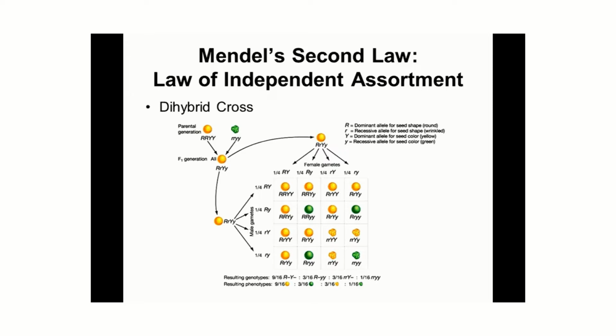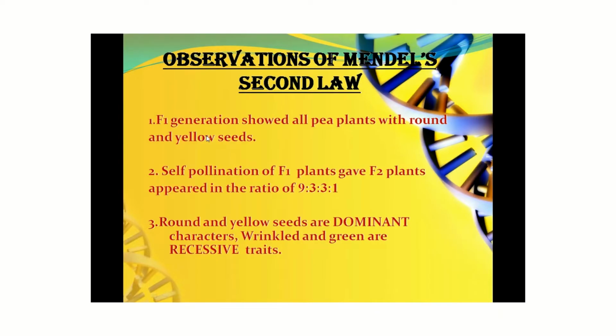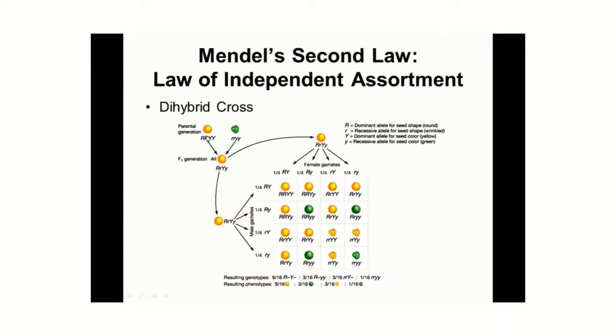So whatever it may be, here the parent selected was round and yellow. You can see the shape of the seed is round and the color of the seed is yellow. So that is one parent. Second parent, you can see immediately the wrinkled seed there. Shape is wrinkled and color of the seed is green.